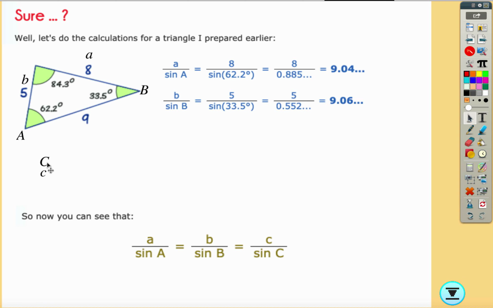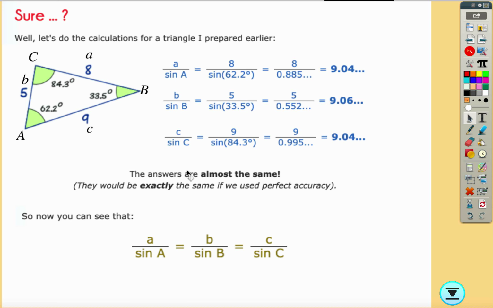And thus this leaves me with angle C. That would mean angle C is 84.3. And little c is the corresponding side, so it's directly across from angle C. And we can see that little c divided by the sine of C is 9 divided by the sine of 84.3, which simplifies down to here.